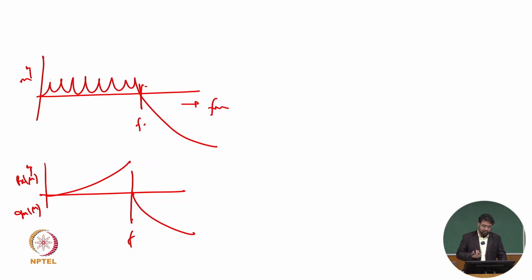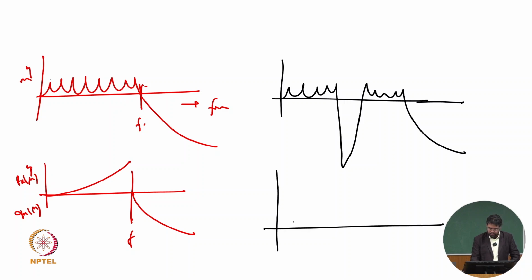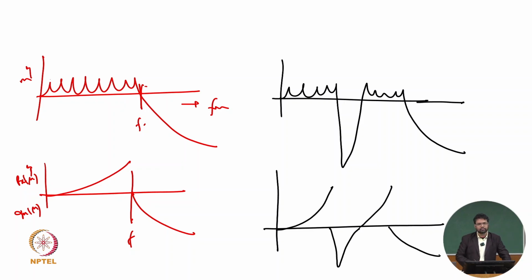Also, if you do it for the mass-in-mass chain, you can see this type of thing will occur, and corresponding to it, the dispersion diagram will go like this. So these points will match.